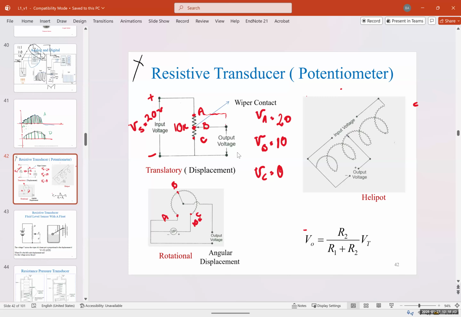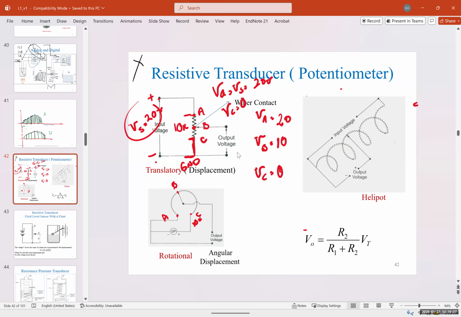So VA, the voltage between these two points, because it's in parallel with the source, is going to be equal to VS. So VA is equal to VS, which is 20 volts. And VC, you don't have any resistance between here and the ground, so VC is going to be equal to 0. And VB is half, because it's in the middle.